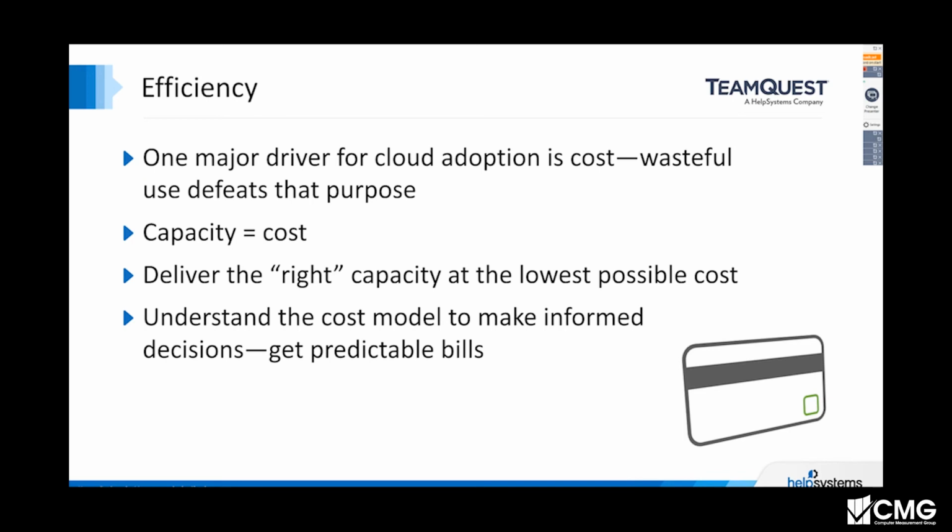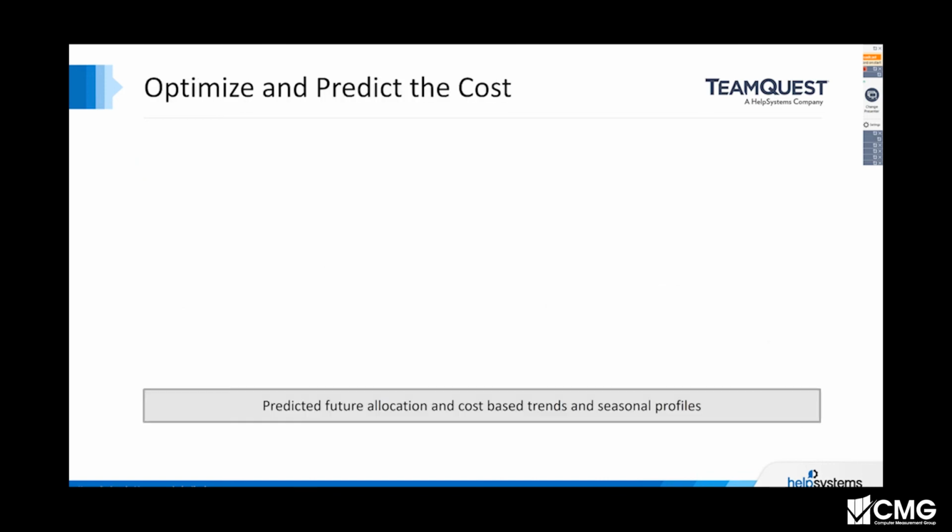Capacity is no longer limited. You can get any amount of capacity, especially if you have an application that is designed to scale out. There's always going to be capacity available, but the cost will grow in relation to how much capacity you allocate. So understanding the cost model to make informed decisions and get predictable bills becomes the most important aspect of capacity management, and the overall objective changes to cost optimization rather than optimizing limited resources.